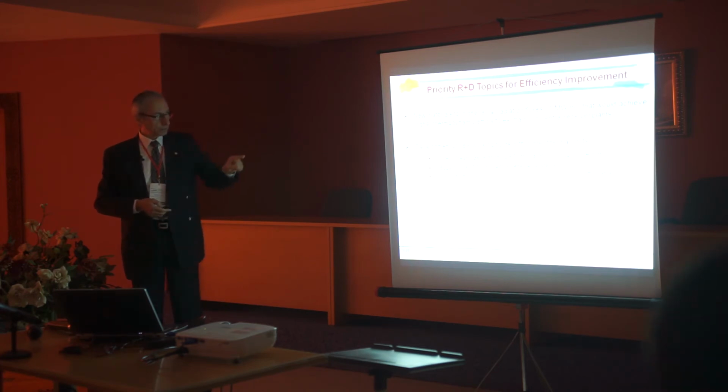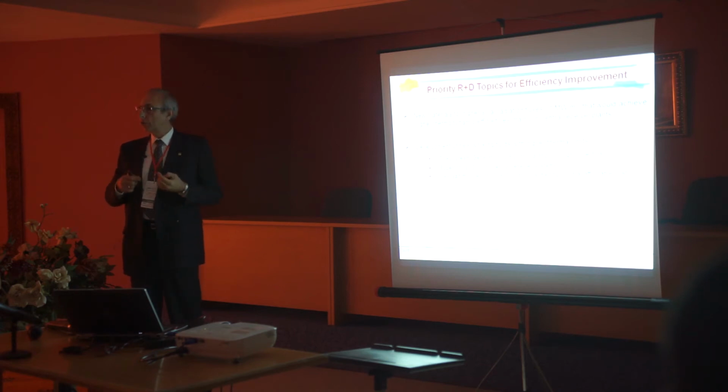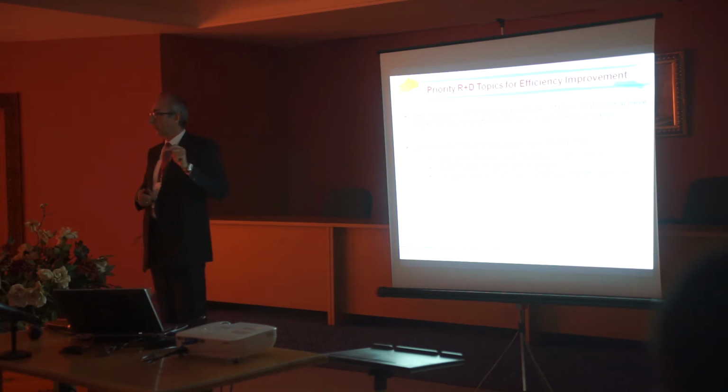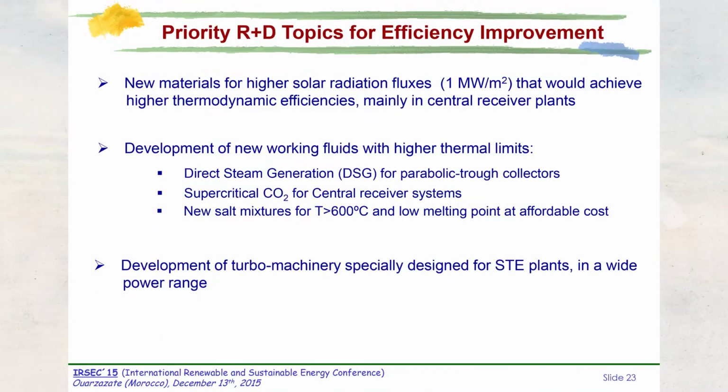Also, the development of new salt mixtures, because at present we are using what we call solar salt. Solar salt is a mixture of 60% sodium nitrate and 40% potassium nitrate. This is what we are using nowadays, but the maximum working temperature for this mixture is 600 degrees, because above 600 degrees, the nitrates are converted into nitrites, and the corrosion increases significantly.